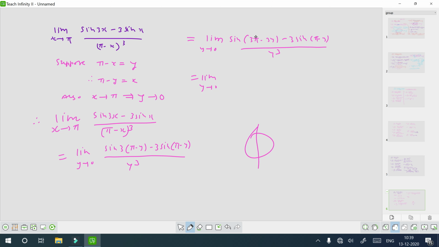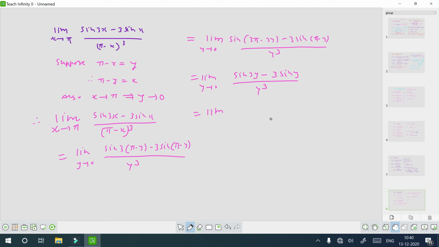See here on the unit circle: 0, pi, 2 pi, 3 pi. Pi minus is the second quadrant, 3 pi minus is the second quadrant. In the second quadrant, the sine function is positive. So that comes out as (sin 3y minus 3 sin y) over y cube. Now, what is the formula of sin 3 theta?